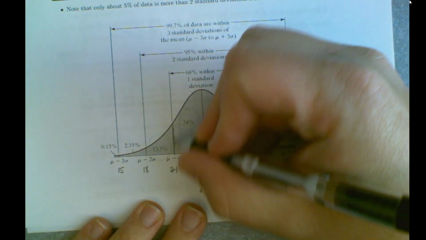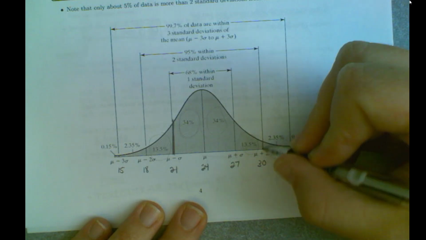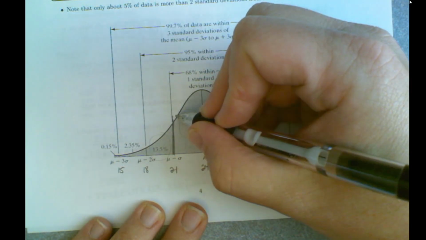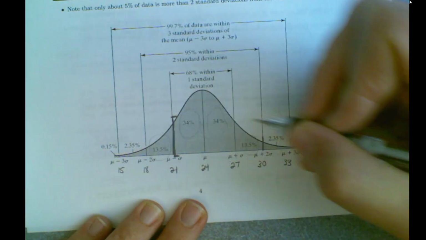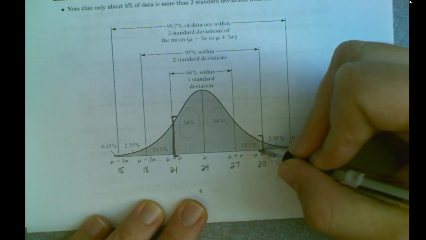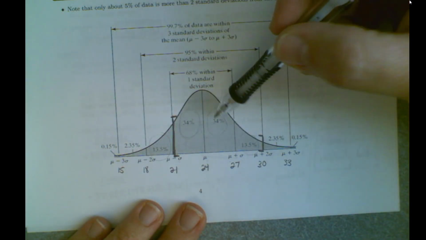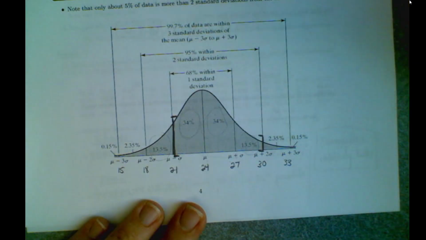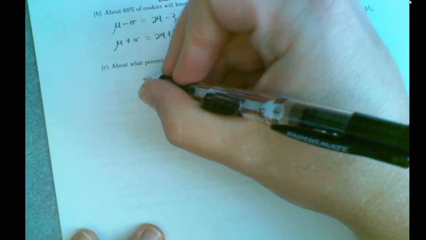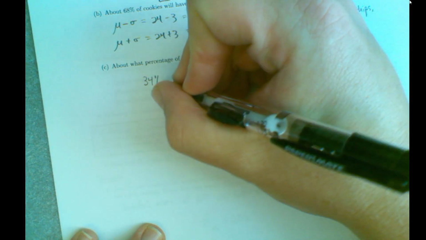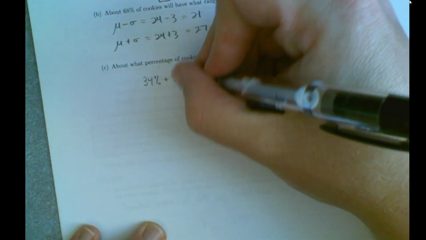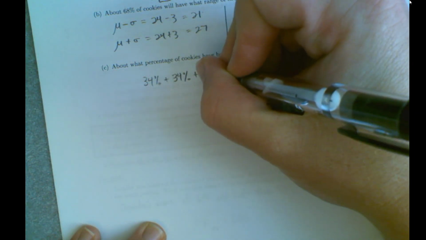Well, 21 is right here, and 30 is right there. Okay, so the percentage of cookies with this range of chocolate chips in them is going to be 34 plus 34 plus 13.5%. Okay? Well, 34 plus 34 plus 13.5.